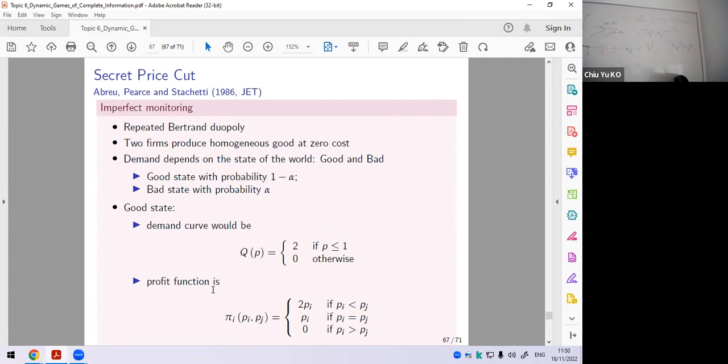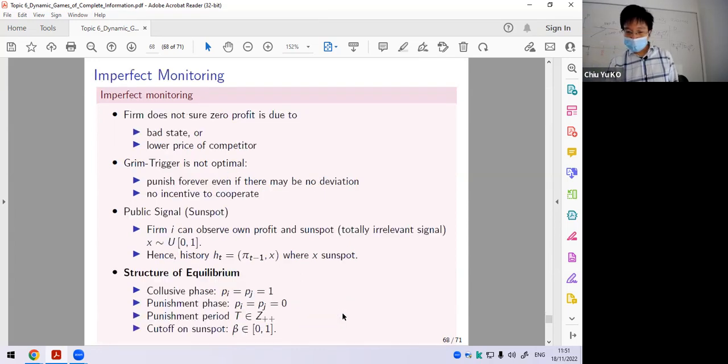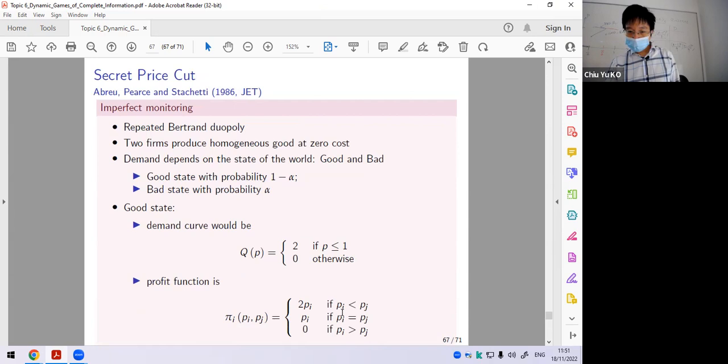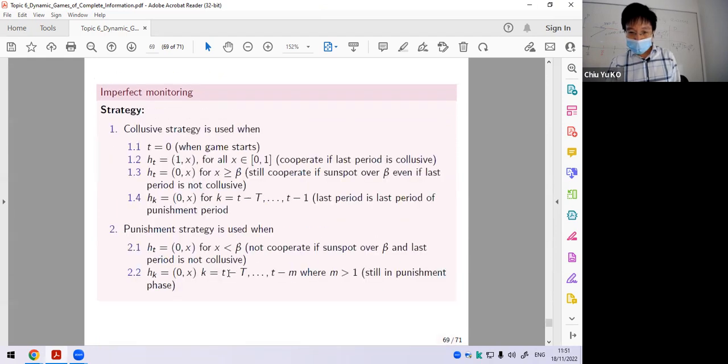In the good state of the world, you would get 2, and in the bad state of the world you get 0.